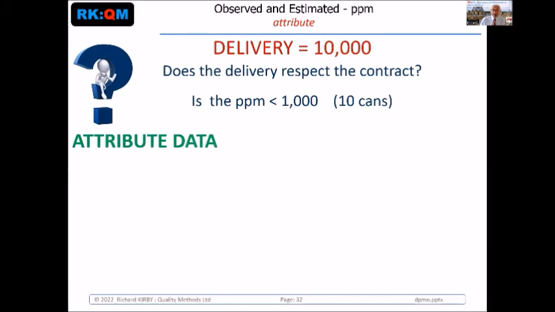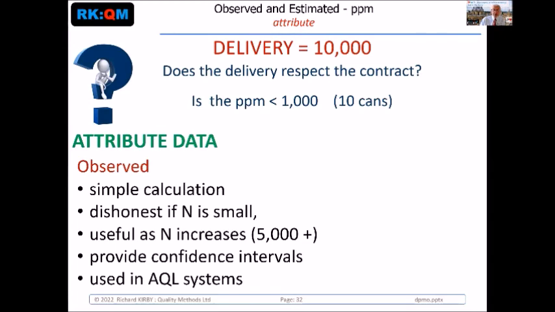Under observed data, the calculation for ppm is simple. The number of defects divided by the sample size times a million. But it will be dishonest if n is small.